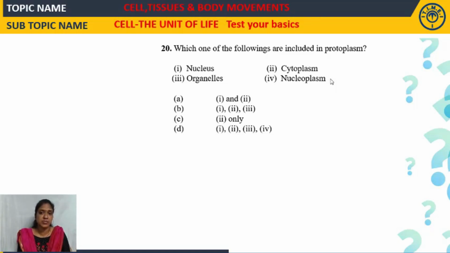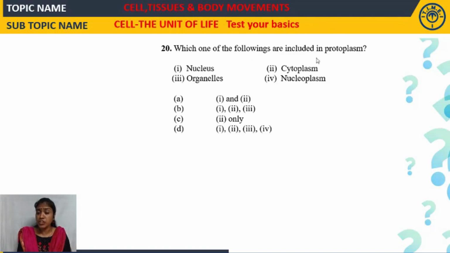So nucleoplasm is the fluid-like substance present inside the nucleus. If nucleus is included in protoplasm, nucleoplasm will also come under protoplasm, isn't it? Because nucleoplasm is situated inside the nucleus. So all of 1, 2, 3 and 4 will come under protoplasm.